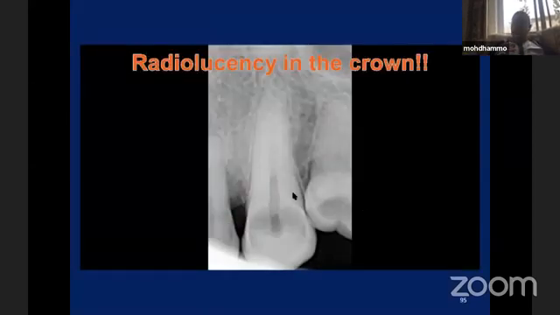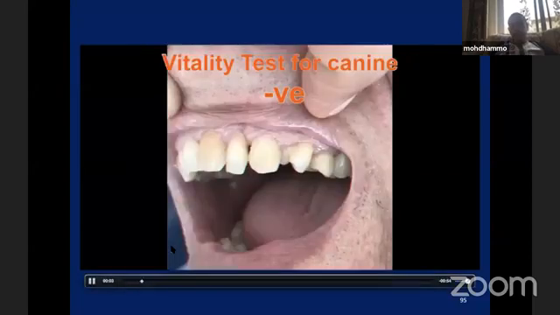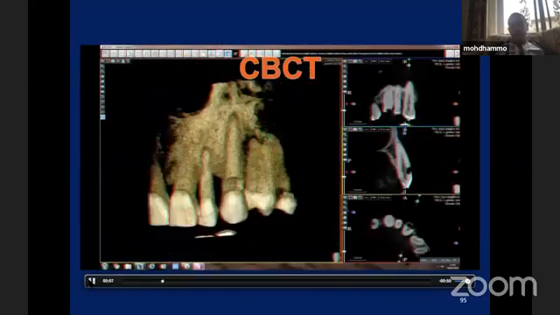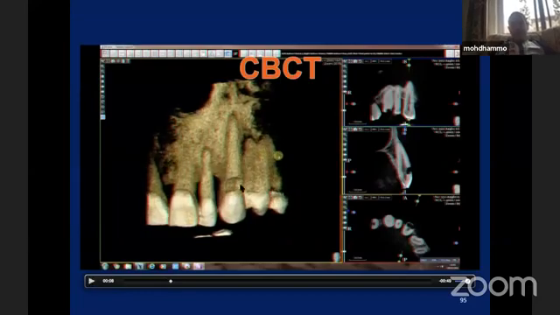Let's see the CBCT, small field of view for this canine. You can notice here the cervical resorption, whose extension we could not appreciate from the periapical X-ray. Let's continue this video.